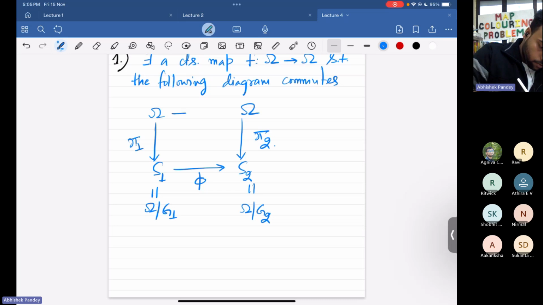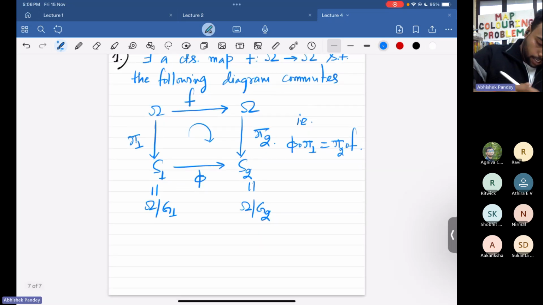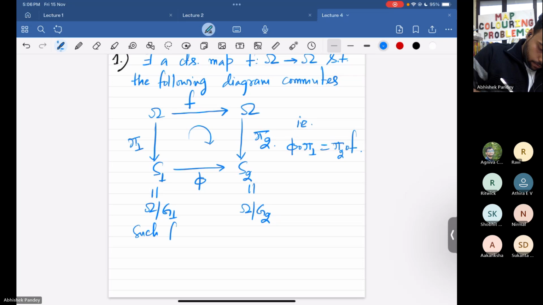We are saying that there exists a map F such that this diagram commutes, which means pi 2 composition F equals phi composition pi 1. Such F is called the lift of phi.